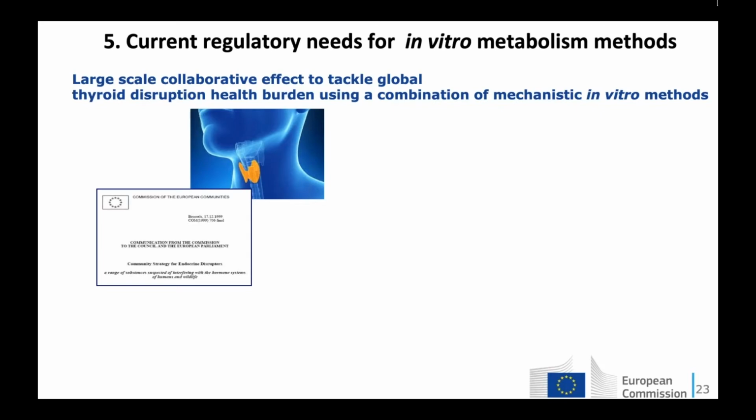So we have now a new OECD test guideline for most of the endocrine related effects, so be it estrogen, androgen, steroidogenesis, but also we need thyroid disrupting information. And so one of the areas that we have taken on board is a large-scale collaborative study to tackle globally the thyroid disruption health burden using a combination of many mechanistic methods. So for doing that, we're following up a little bit the work in the Commission on that area. Next.